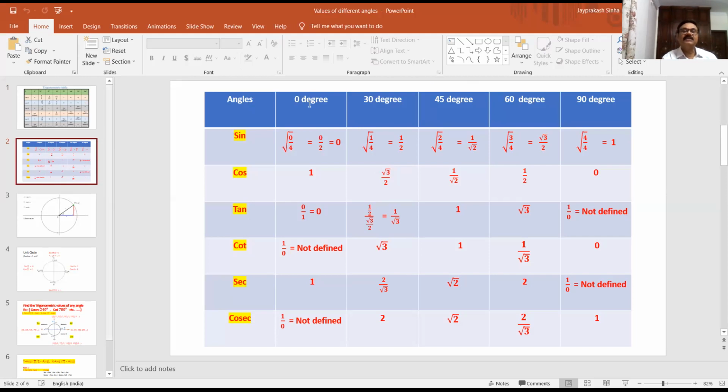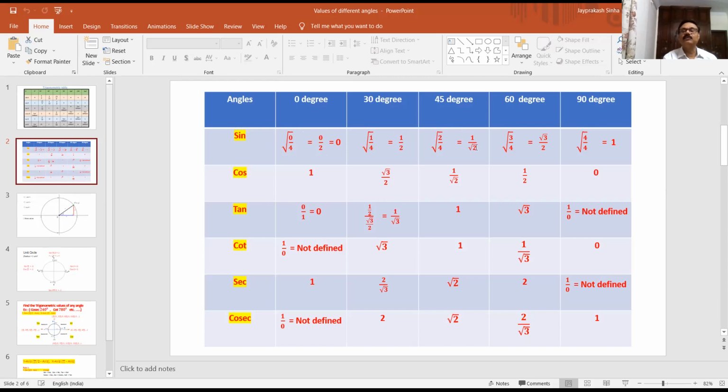This column is for 0 degree, this column is for 30 degree, this column is for 45 degree, this column is for 60 degree, and this column is for 90 degree. So how will you find sine? First of all, I told you 0, 1, 2, 3, 4. Divide all the numbers by 4 and take the square root. Whatever value comes, that gives the value of sine. So sine 0 degree is equal to 0. Sine 30 degree is equal to 1 by 2.